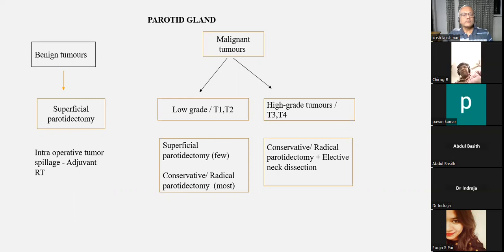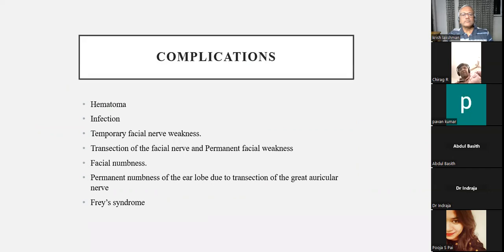Yes. Complications related to the surgery include hematoma formation, infection, and transection of the facial nerve that leads to permanent facial weakness, and numbness of the earlobe because of the transection of the greater auricular nerve, and Frey's syndrome. Frey's syndrome is also known as gustatory sweating.